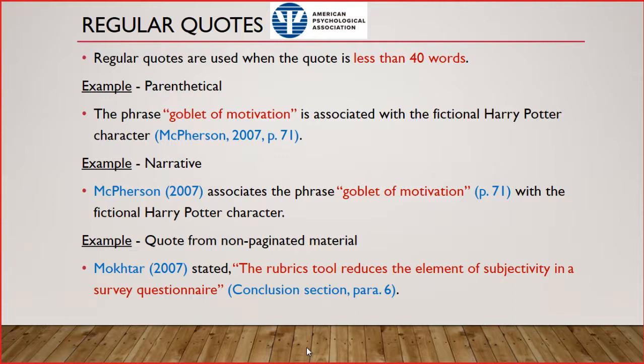There's no numbering, you count first, second, third, and so on. Let's say this is number 6. So this is if you want to quote a regular quote from a material that has no page. This is a quote from non-paginated material.